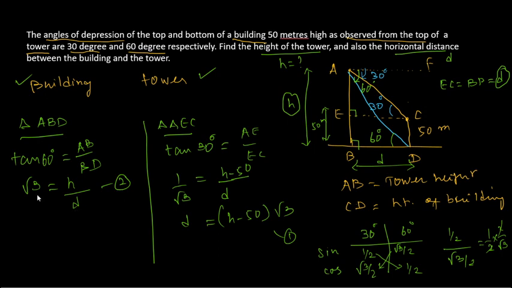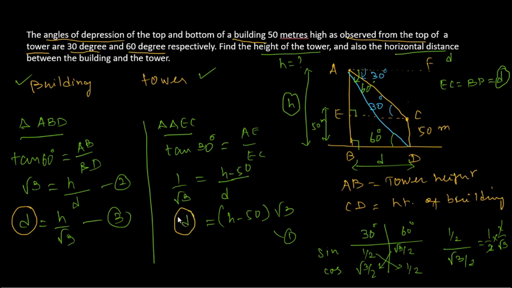What you can do, you can bring D this side. So D is equal to H by root 3. So this is the modified equation, you can call it 3. So the LHS of the third equation is D, that is equal to H by root 3. And then the LHS of equation 1, that is also D. So the LHS is D in the third equation. The LHS is D in the first equation.